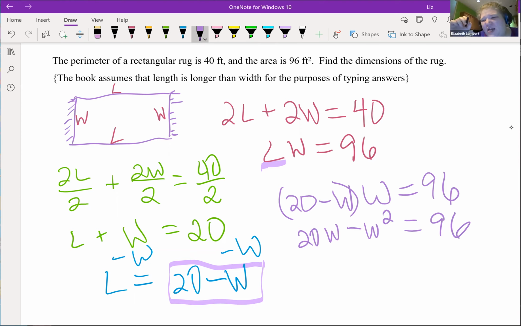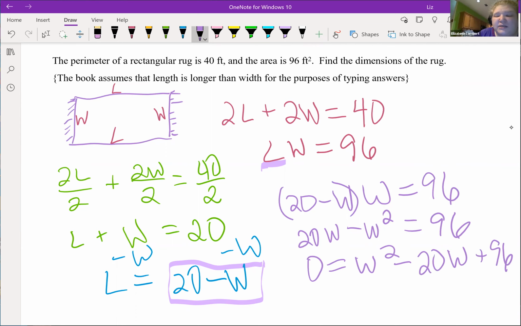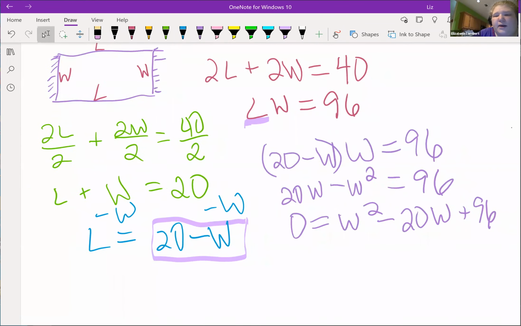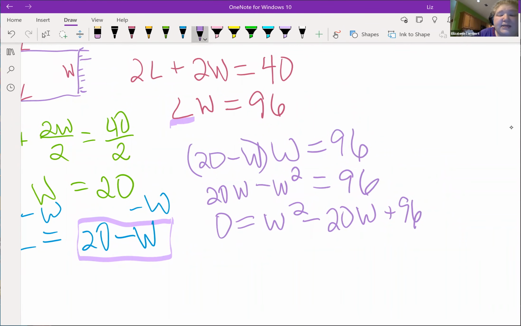Now I could just move the 96, but then my W squared is negative. I don't want to deal with that. So I'm going to move this stuff to the right instead. So this is now a positive W squared, but a negative 20W and a positive 96. All right, so a pair of numbers that multiply to 96.